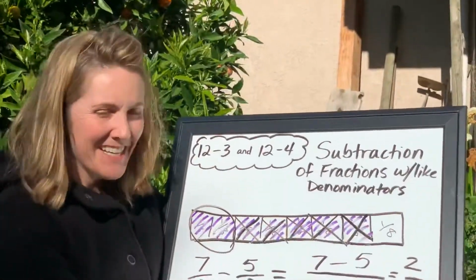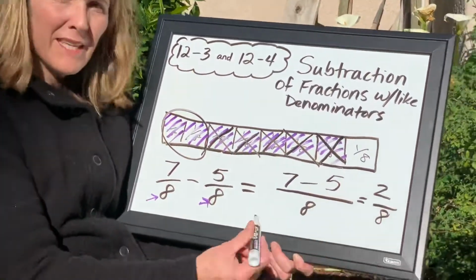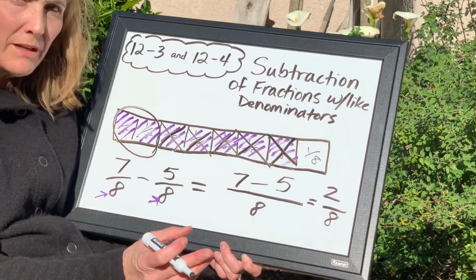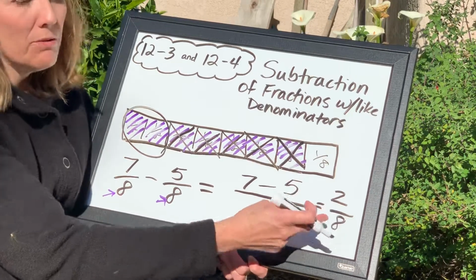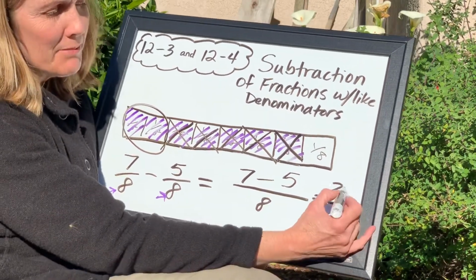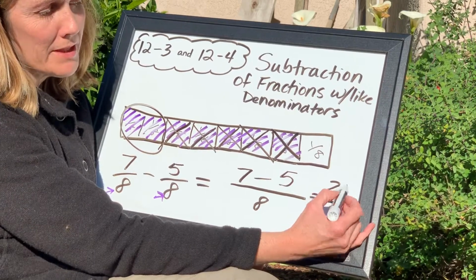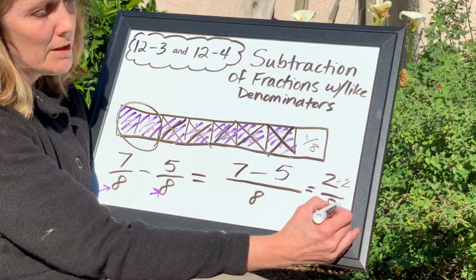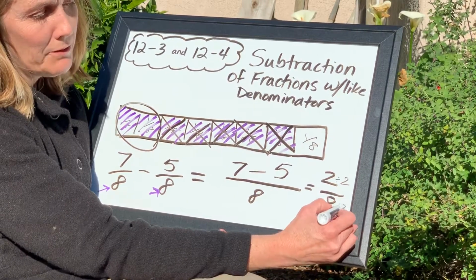So when you're looking at 2/8, can I leave it that way? You're right. It needs to be simplified. How do you know that? That's right, 2 is a factor of 8. So an easy way to do that is to divide top and bottom by 2, because 2 is a factor of 2, and 2 is a factor of 8.